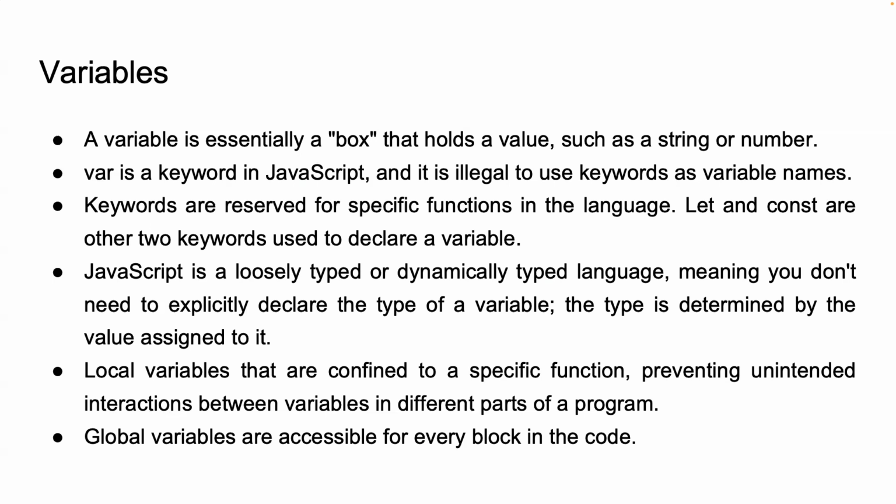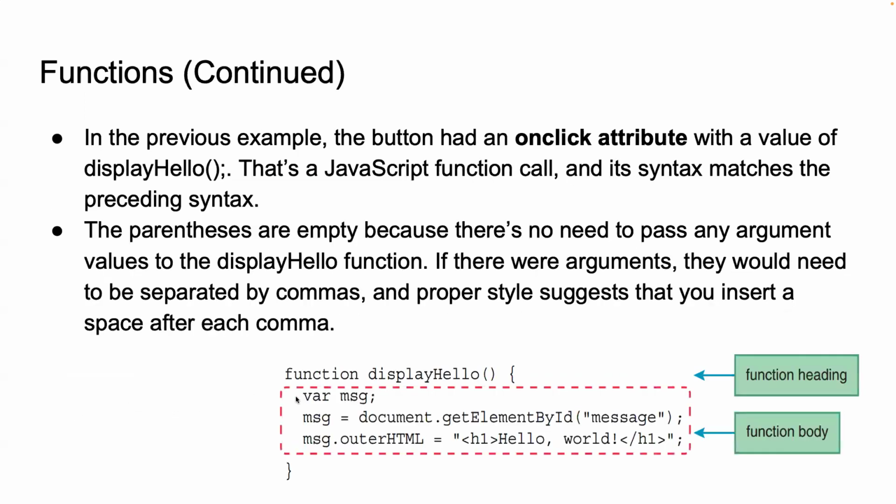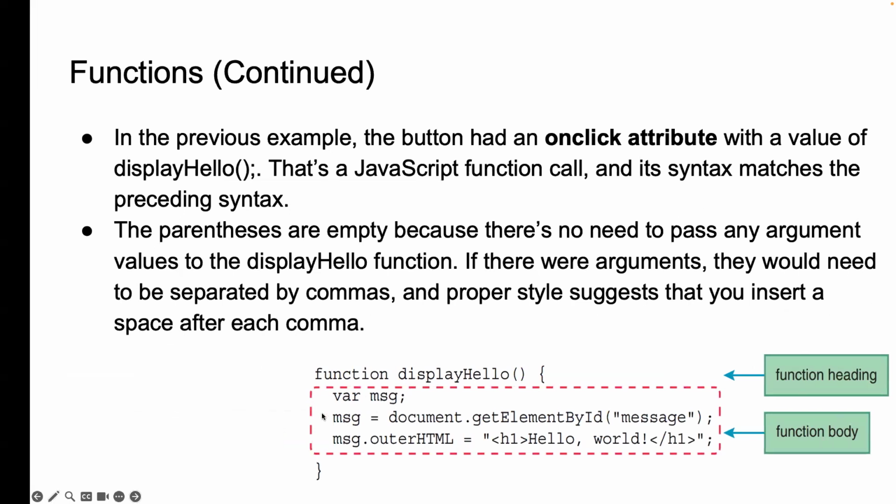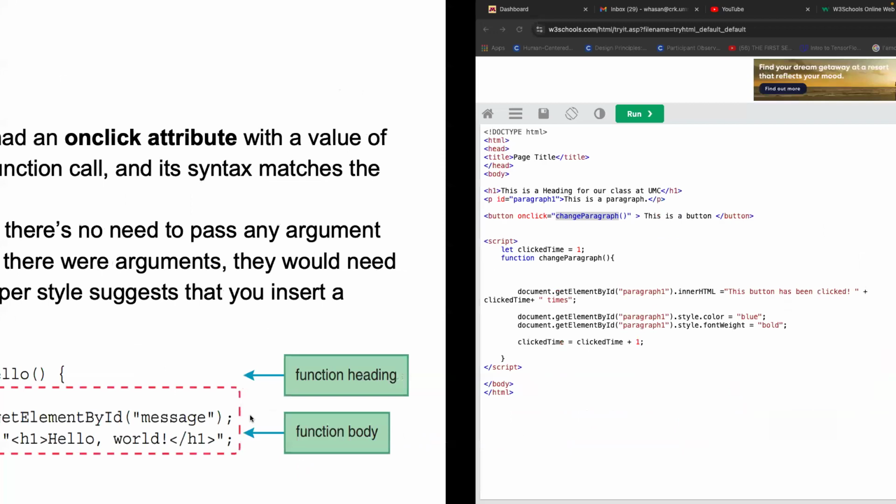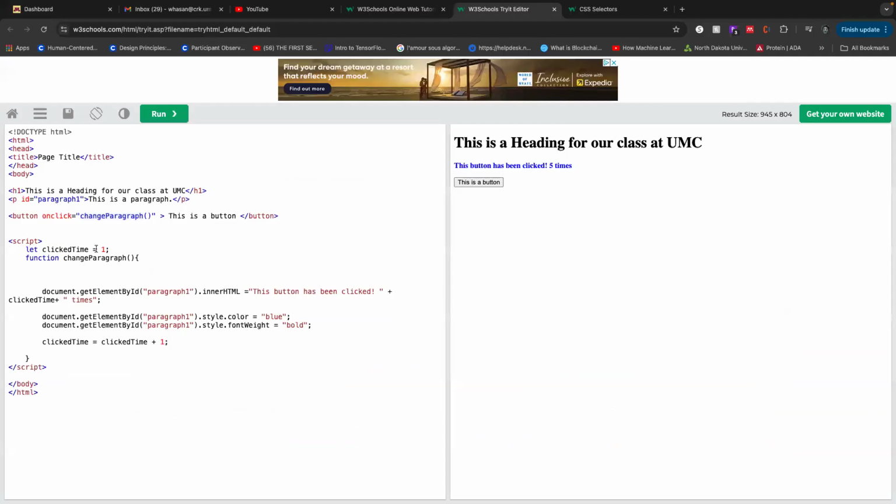Local variables are confined to a specific function, preventing unintended interaction between variables in different parts of the program. So local variables are the variables that are stored within that function. For example, here within this function, the variable message is stored within this function. This is an example of a local variable. But when I did this practice example, I wrote let click time equals 1 here.